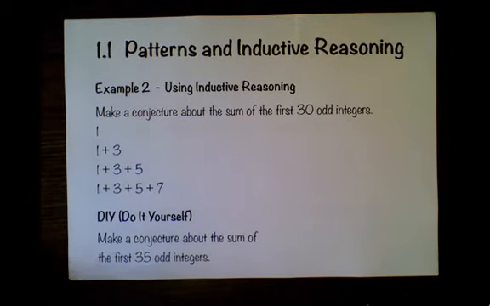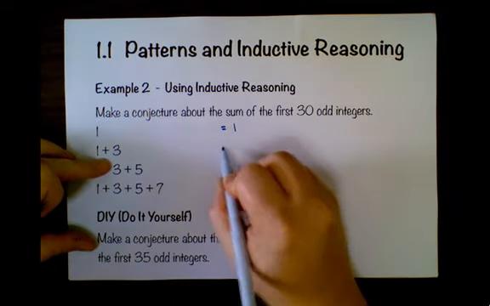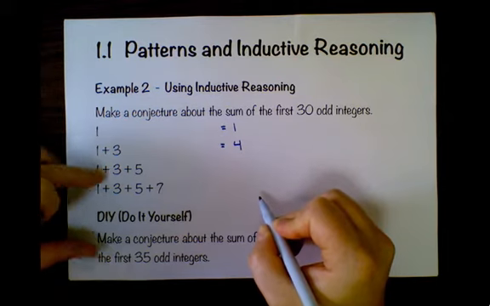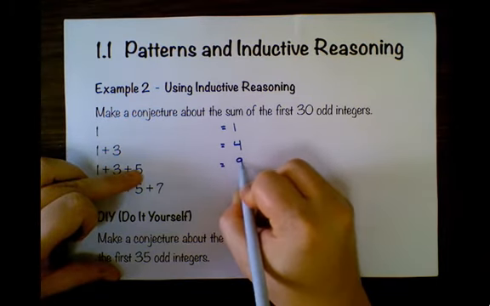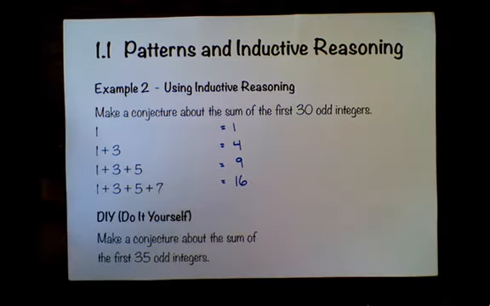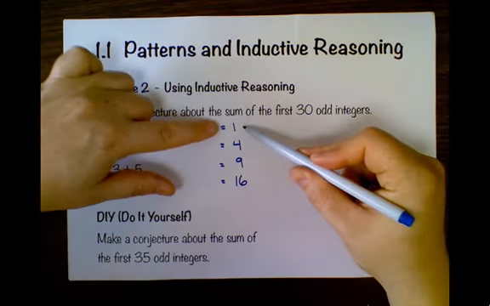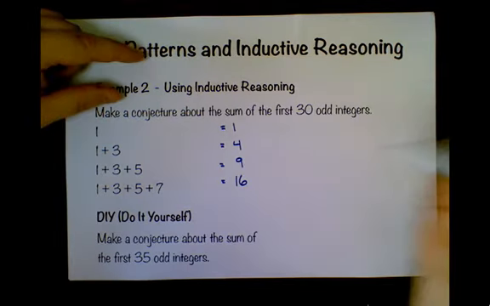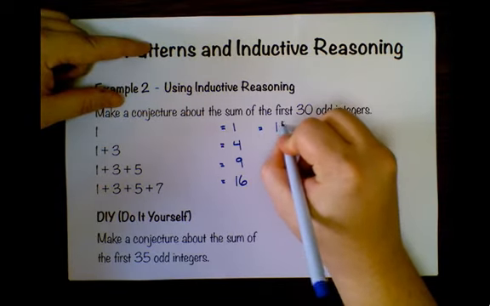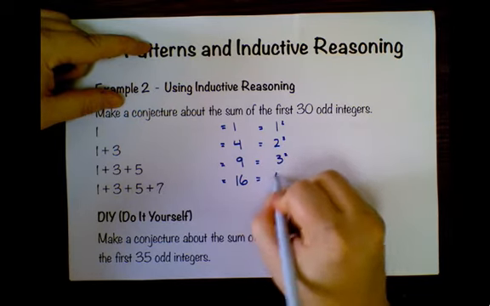Okay, now let's use some inductive reasoning. Make a conjecture about the sum of the first 30 odd integers. Well, 1 equals 1. 1 plus 3 is 4. 1 plus 3 plus 5 is 9. 1 plus 3 plus 5 plus 7, 9 plus 7 is 16. I'm noticing something actually really kind of surprising. 1, 4, 9, and 16 are all square numbers. So we've got 1 squared, 2 squared, 3 squared, 4 squared.